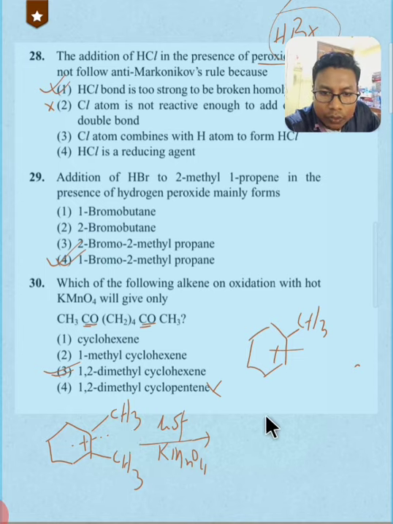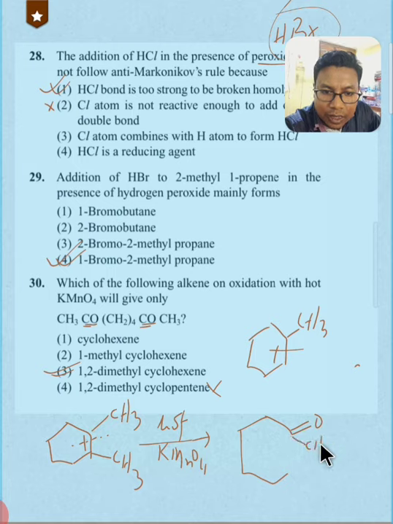So what we are going to get is this product: double bond O to this carbon atom, methyl is attached. Let me draw here methyl, and to this carbon atom also 1 oxygen atom will be attached with double bond, and another methyl group will be attached. Let me draw here, right?